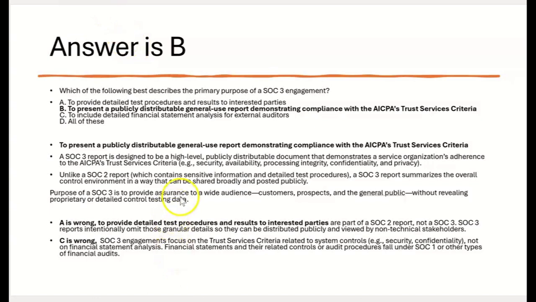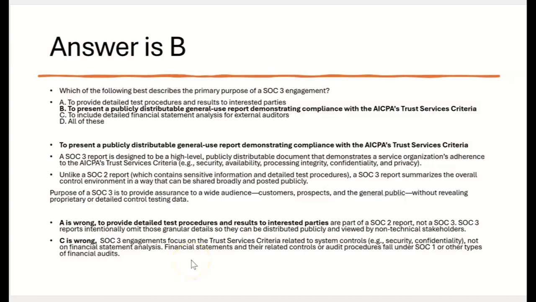Unlike a SOC 2, which contains sensitive information and detailed test procedures, a SOC 3 summarizes the overall control environment in a way that can be shared broadly and posted publicly on websites. The purpose of a SOC 3 is to provide assurance to a wide audience, customers, prospects, and the general public, without revealing proprietary or detailed control testing data.